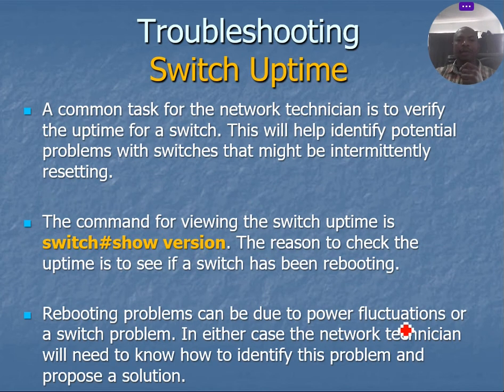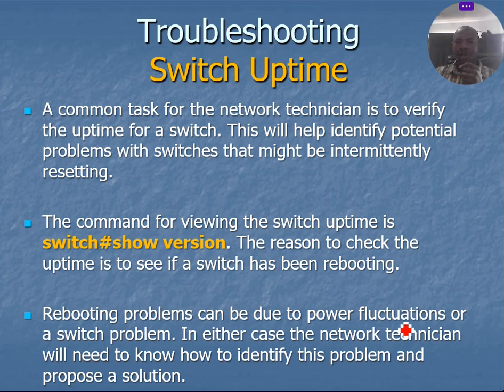Now switch uptime. Another troubleshooting area we can look at is the switch uptime. A common task for the network technician or administrator is to verify the uptime for the switch or switches. This will help identify potential problems with switches that might be intermittently resetting.